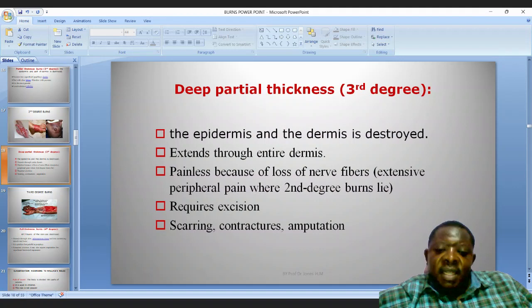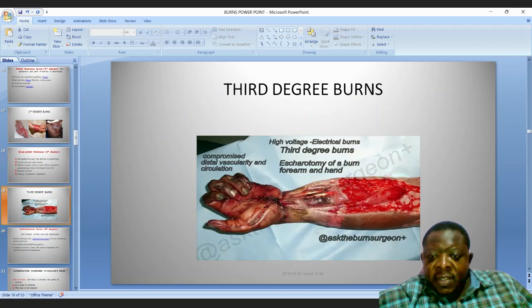So amputation may be one of those things that may be advised, or that might be a solution. Scarring also affects blood circulation. We see contractures in this type of burns.